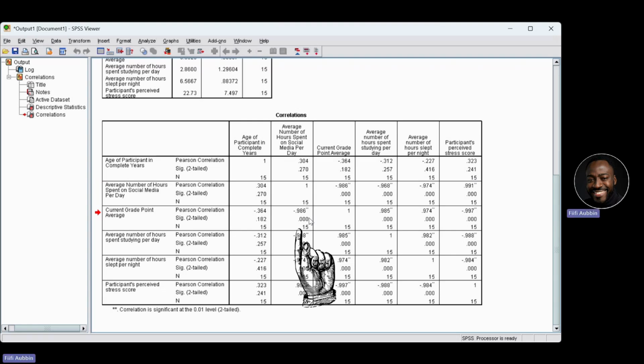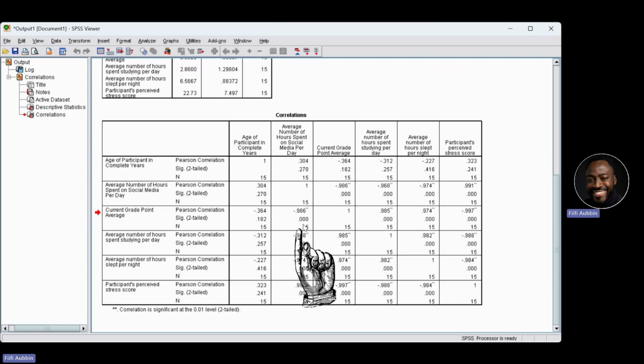And when you look at the Sig two-tailed value, SPSS is reporting 0.000. Okay, so whenever SPSS displays 0.000, it doesn't mean the probability is exactly 0. It means the p-value is less than 0.001, which is far below our significance level of 0.05.